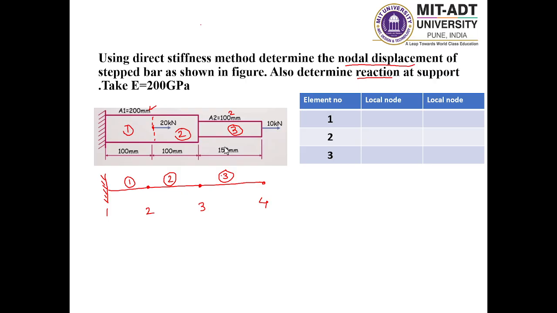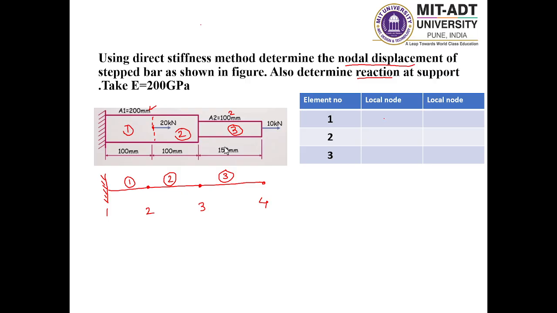Likewise, the second step for this problem is defining the connectivity table. You can see this is the connectivity table in which the elements are written 1, 2, 3. We have three elements, and now I am defining the local connectivity between the nodes.